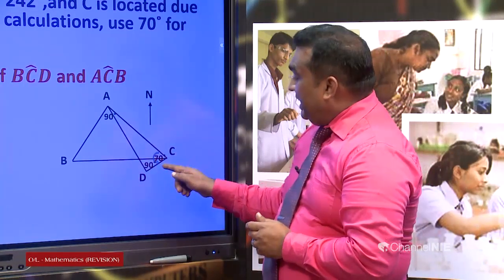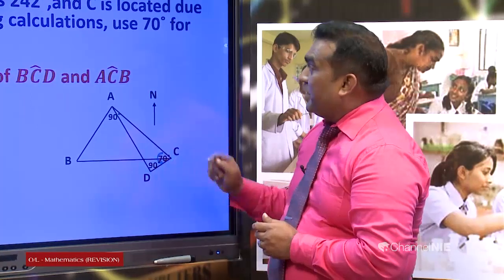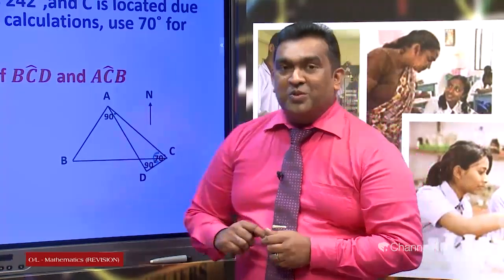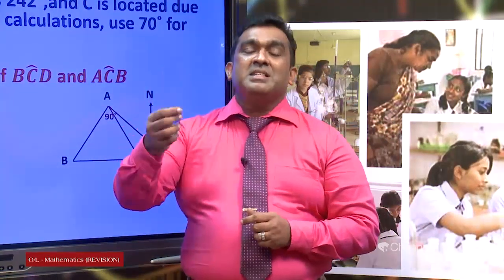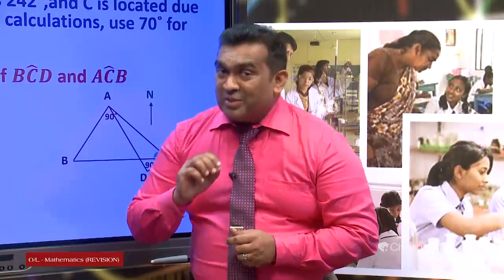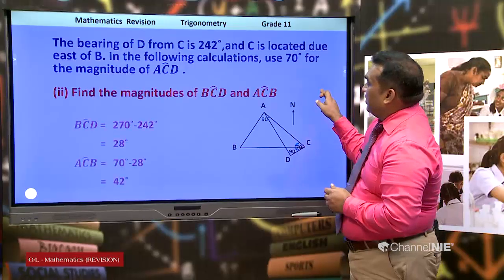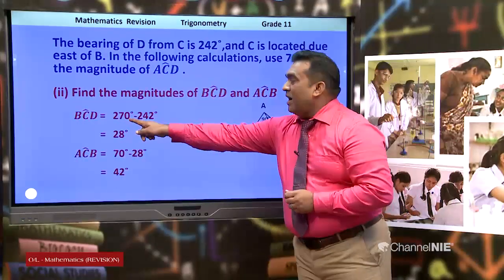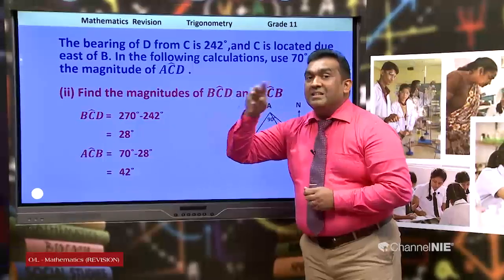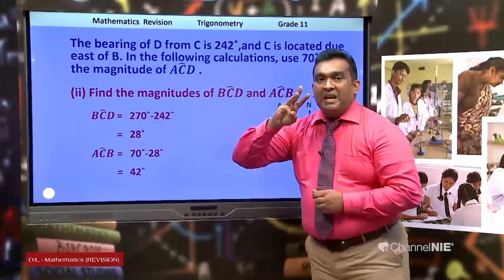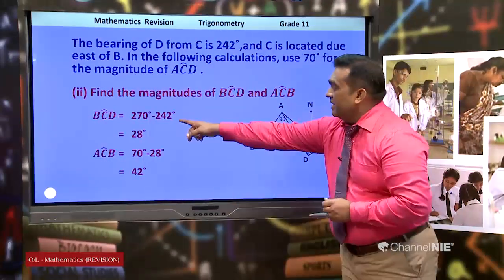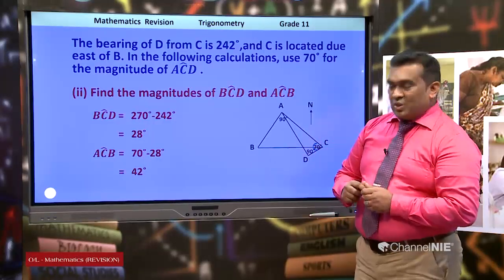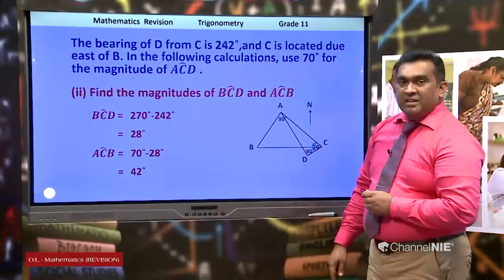Up to CD you have 242. Then what to do? 270 minus 242. Angle BCD is equal to 270, which contains 3 right angles, minus 242. Then 28. Did you get it?